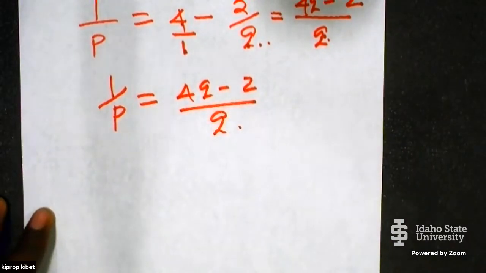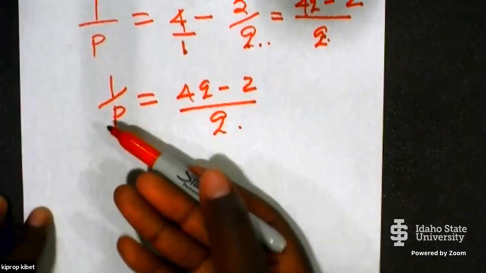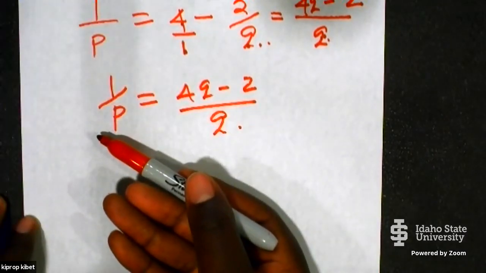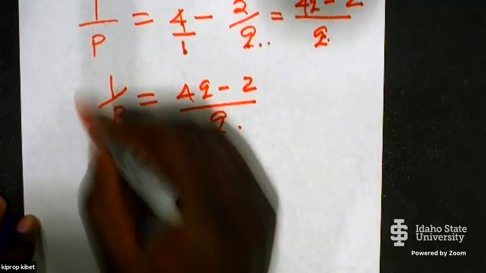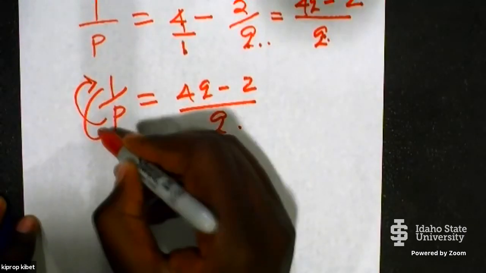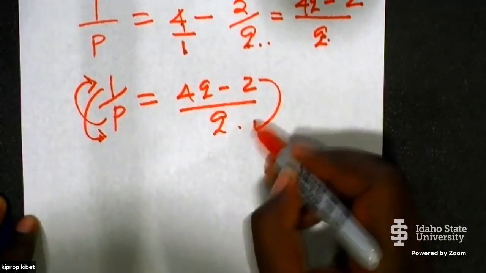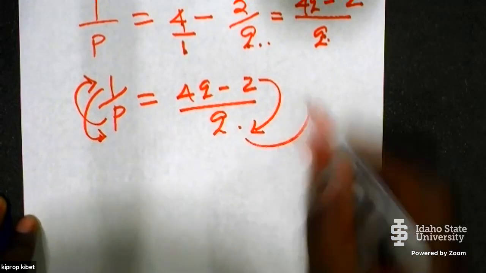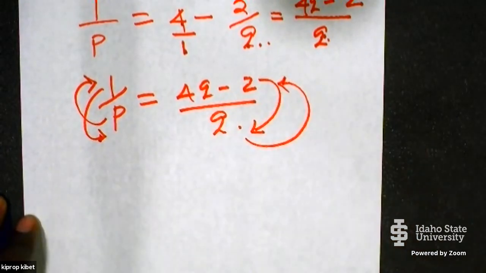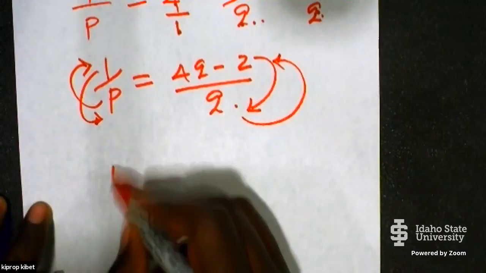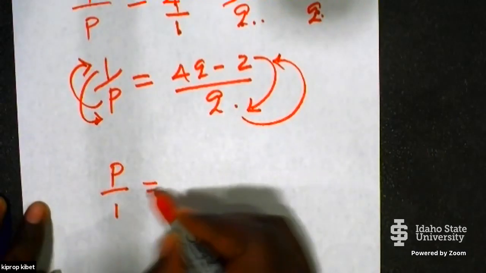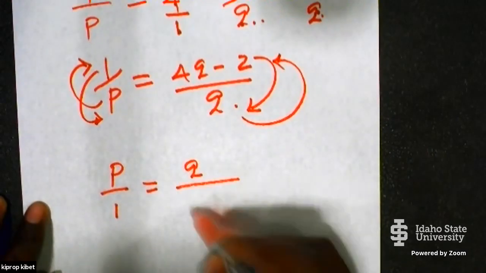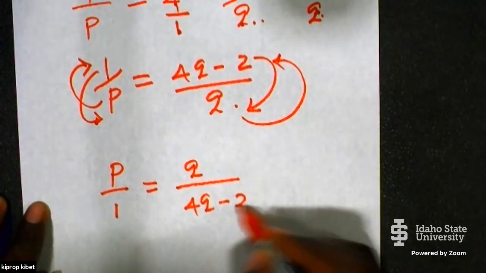Okay? So we want to make p the subject. You take this one up, you bring this one down. You also take this one up. So it will be p all over 1 equals q all over 4q minus 2.